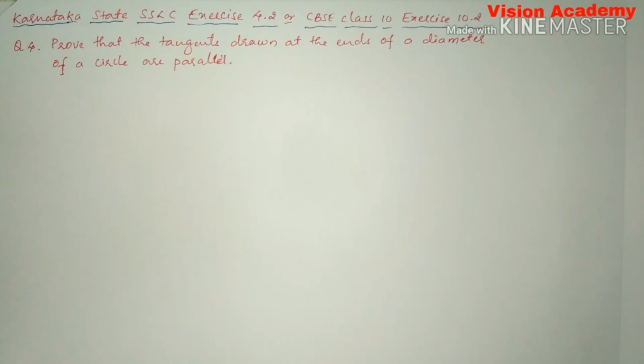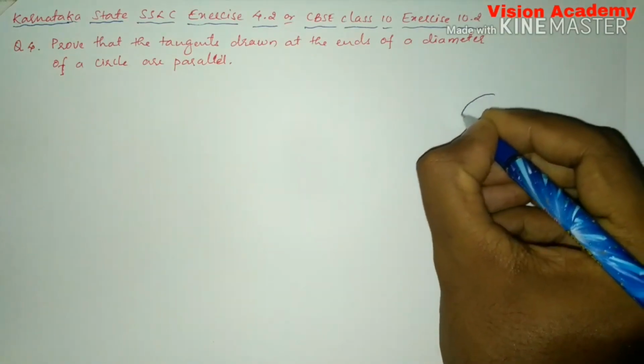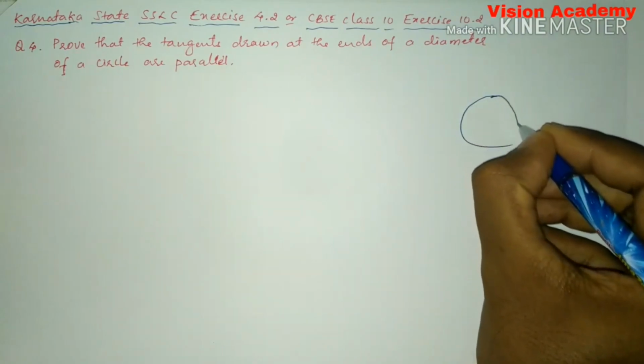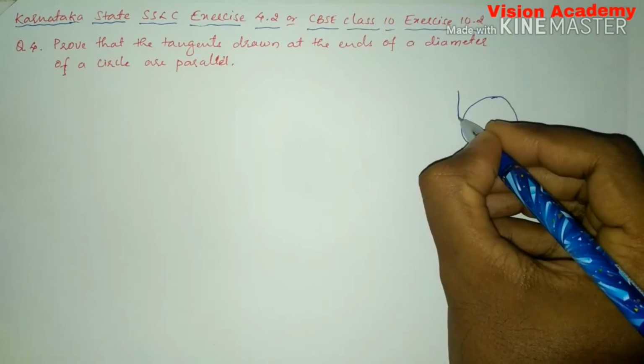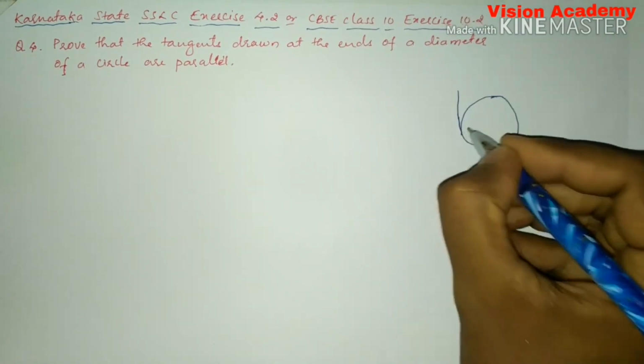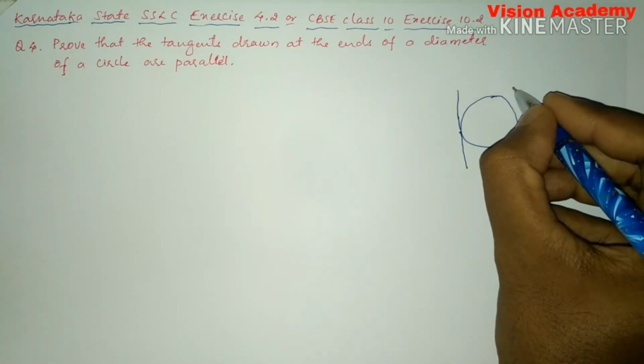Question number 4. Prove that the tangents drawn at the ends of a diameter of a circle are parallel. So let us draw a circle with two tangents drawn at the ends.